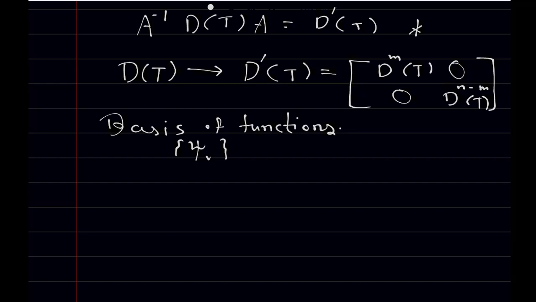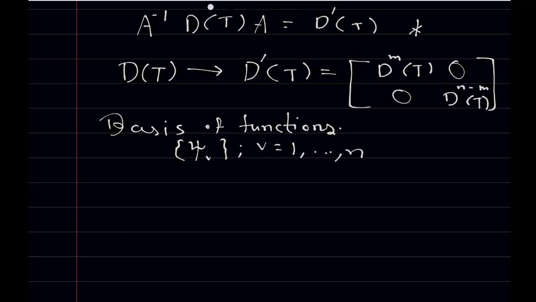Now if there are n elements in the basis set, then of course if using this basis I form a matrix representation of the group operator T, my matrix representation will be n cross n. So consider D prime of T is represented using n basis functions, because of which this is going to be an n cross n matrix.